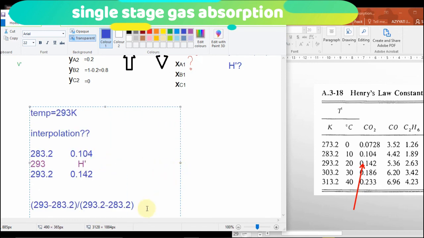This equals H prime minus 0.104, over 0.142 minus 0.104. Since this one is 293, this is H prime.